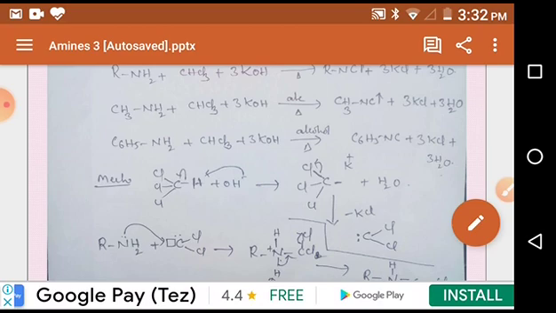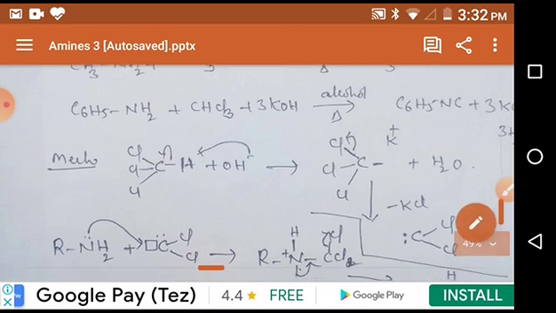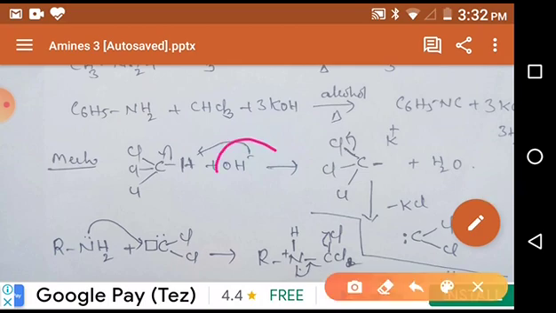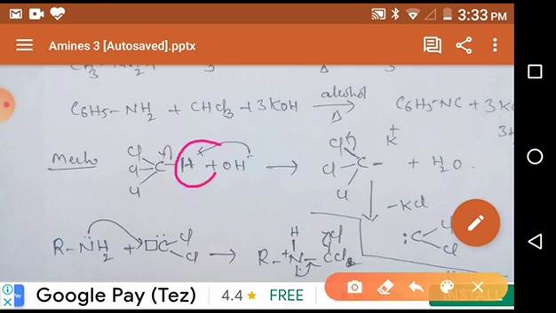If you observe the mechanism, what happens in this reaction is first the intermediate dichlorocarbene is prepared. In the first step, a base abstracts a proton from this chloroform. CHCl3 is chloroform; similarly there are bromoform, iodoform. This chloroform has one hydrogen linked to carbon.